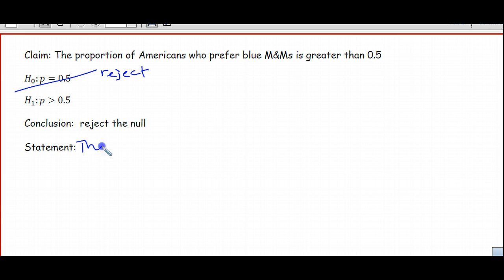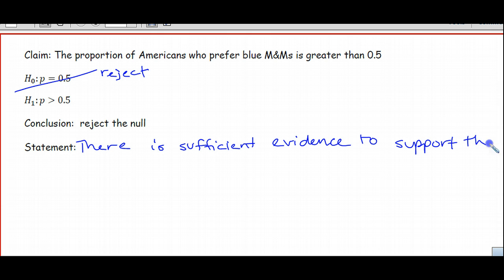So now we're going to say there is enough evidence, there is sufficient evidence to support the claim. And then I'm talking about the population. My population was Americans.